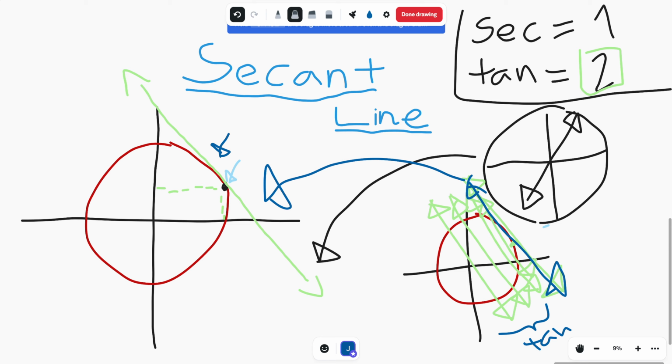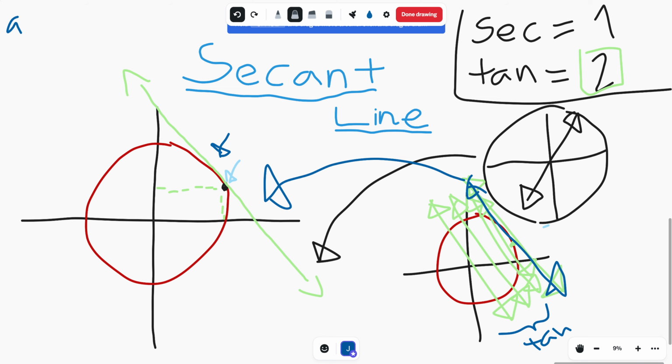So it's kind of like a paradox. Actually, all secant lines are tangents.